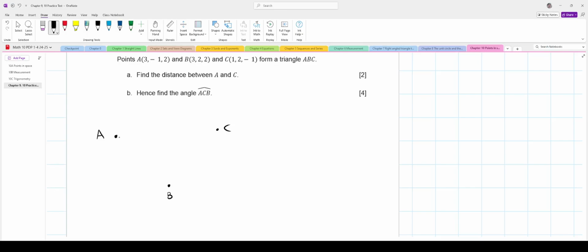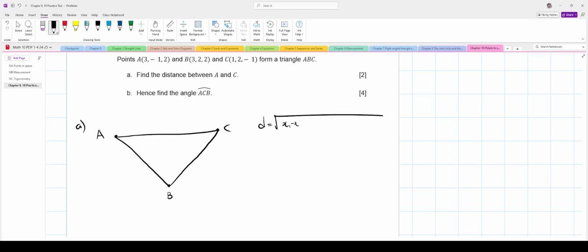And then to find the distance between A and C, well, perhaps first I can use the distance formula to find the distance between A and C. So part A, we use the distance formula. D is equal to x1 minus x2 plus y1 minus y2 plus z1 minus z2.